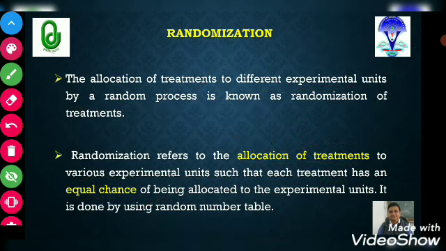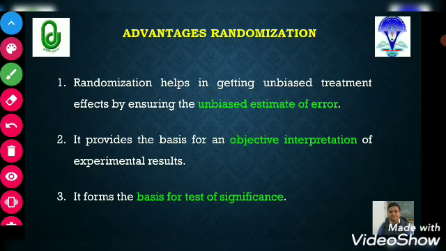So what are the advantages of doing randomization in allocation of treatment? Randomization helps in getting unbiased treatment effect by ensuring an unbiased estimate of error. Our motto for randomization is to avoid bias, and if you avoid bias, you will get an unbiased estimate of error, which is very important for getting accurate results.